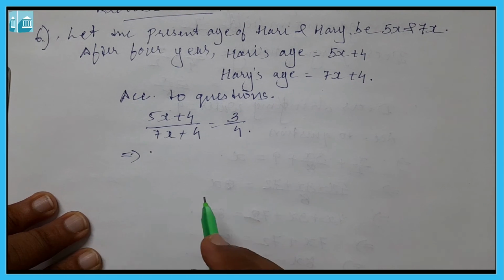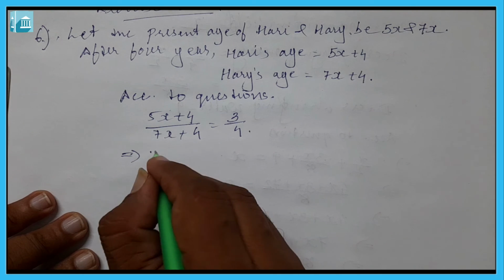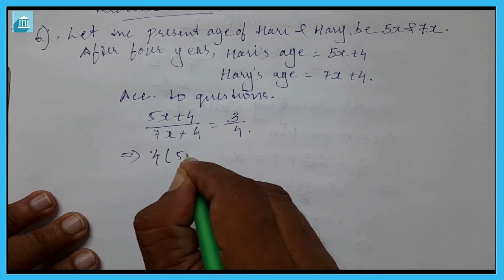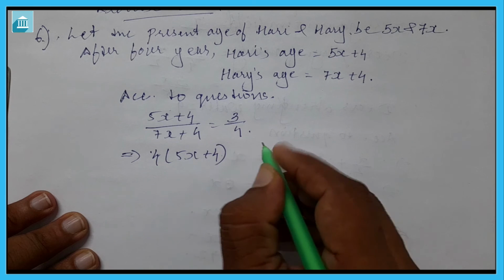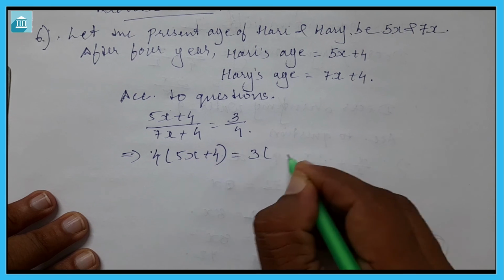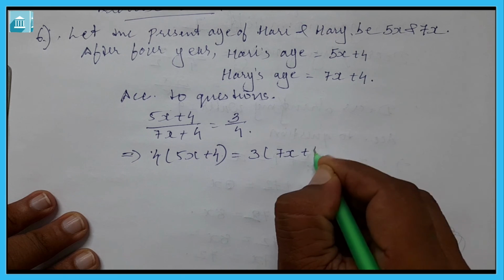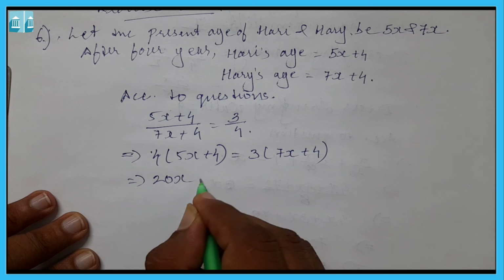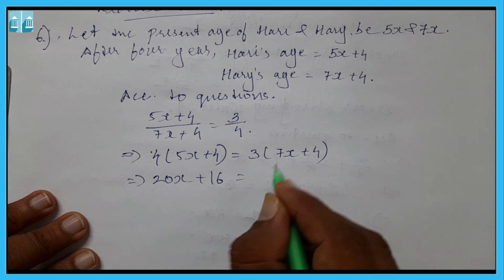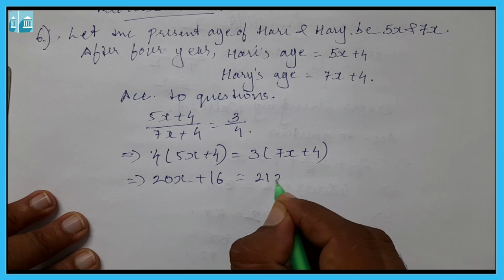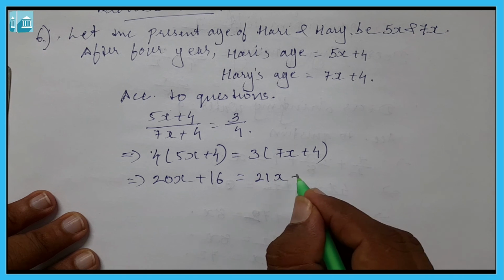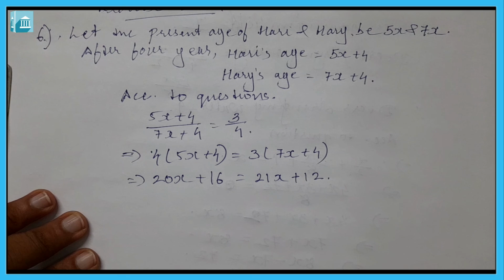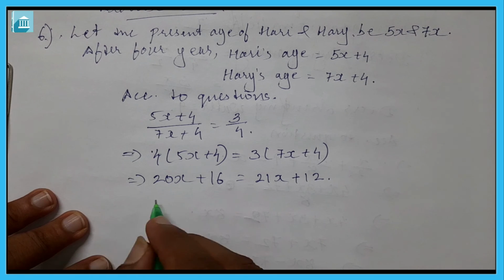If you cross multiply, it will be 4 into 5x plus 4 equal to 3 into 7x plus 4. So 20x plus 16 is equal to 21x plus 12.